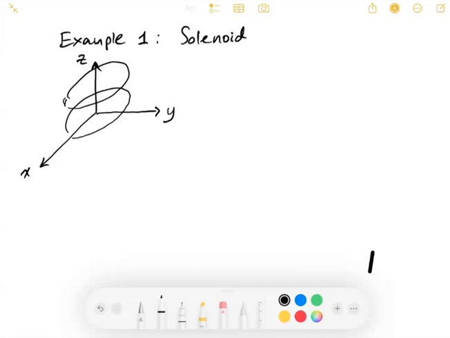You know, these are connected with little wires. And let's say that the current circulates in this manner. So this is the current. Then this would generate a magnetic field in the Z direction. So that's B, which is some number times Z hat.